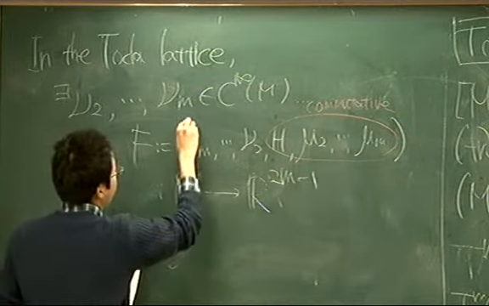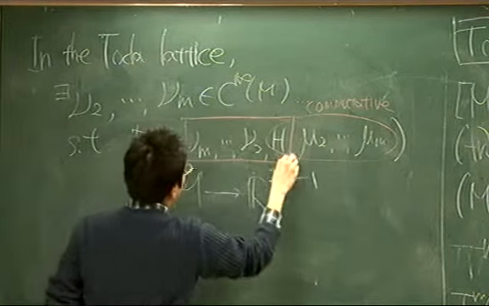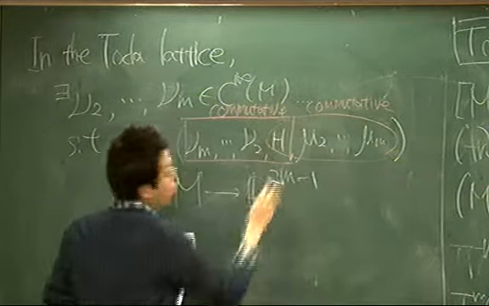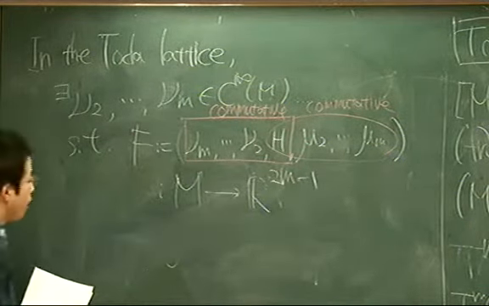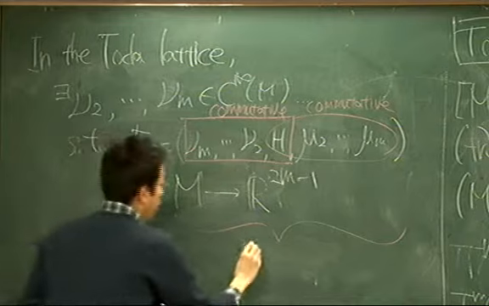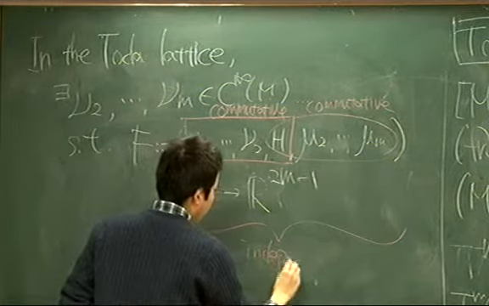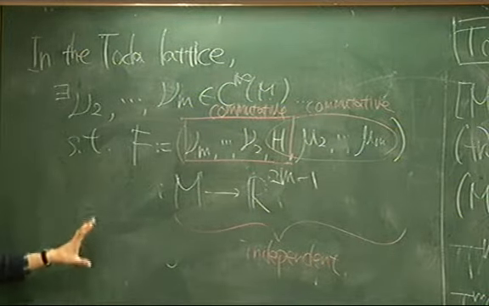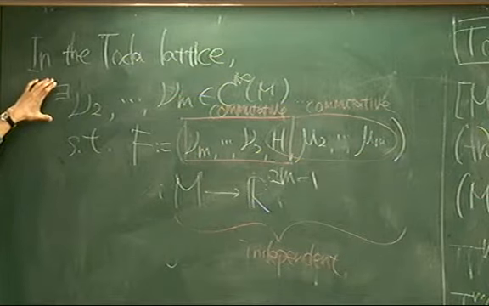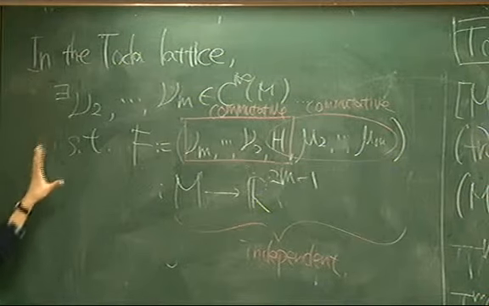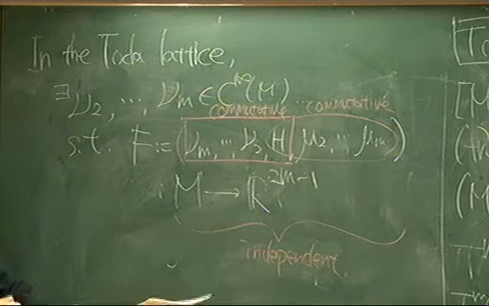But now these extra functions are also commutative with respect to the Poisson bracket, and those 2m minus 1 functions are independent again. If there exist extra functions like this, that integrable system is called a superintegrable system, and this is an example of such a system.